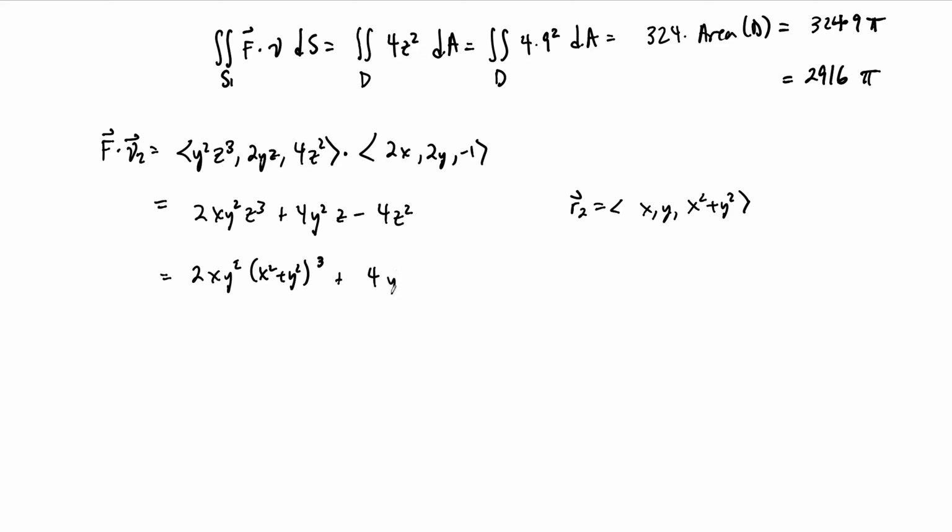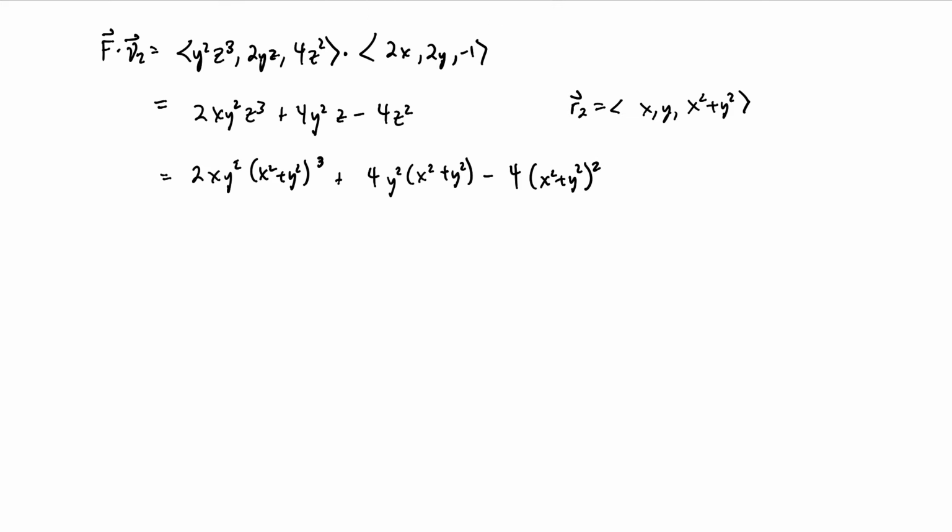So this is then 4y squared times the quantity x squared plus y squared, minus 4. We should probably just call this r squared from the beginning, but that's okay. So 4z squared is then going to be 4 times the quantity x squared plus y squared, squared. And at this point, again, we want to compute the flux over S2.